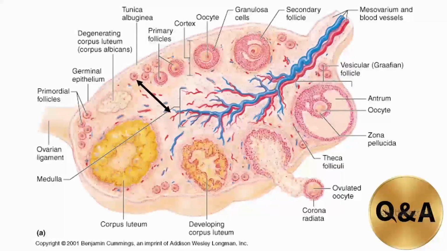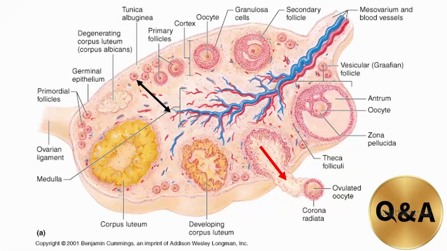When these events are happening in the cortex, and at this event, when the oocyte is expelled, what remains in the cortex is the granulosa cells. These are hormone secreting cells, and they have granules. That's why they are called granulosa cells. These cells, they start to secrete hormones.